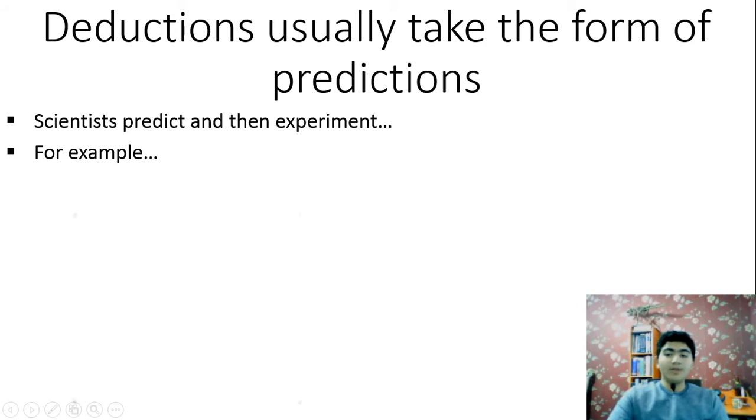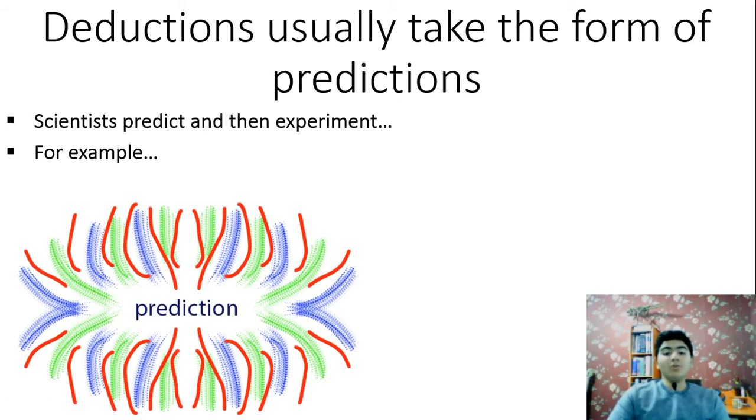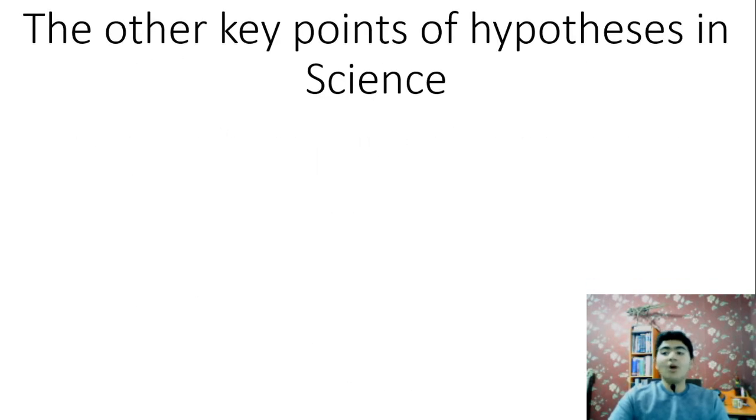And so we can use the movie example to illustrate two other key points about the use of hypotheses in science. The first one is that one can always derive additional hypotheses to explain a set of observations.